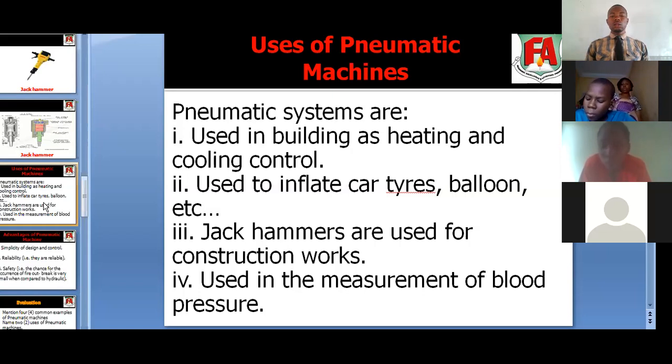Four, pneumatic machines are used in the measurement of blood pressure.